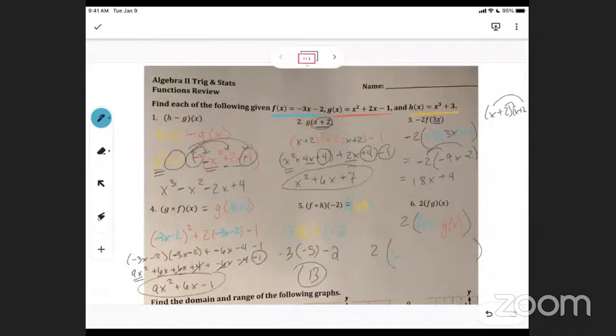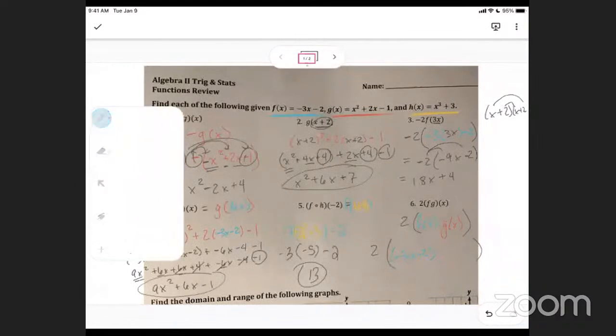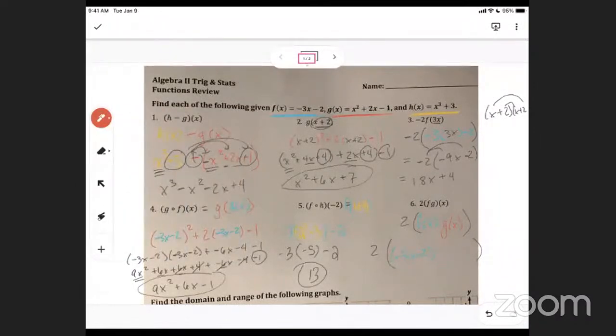So it's negative 3x minus 2 times x squared plus 2x minus 1. Now you have to make sure there's going to be 6 different terms. That and that, that and that, that and that.